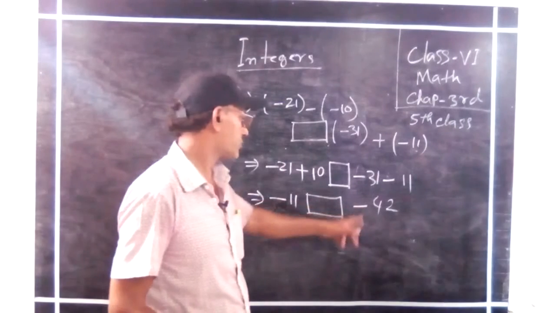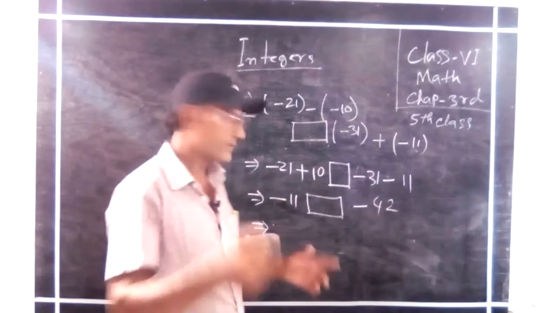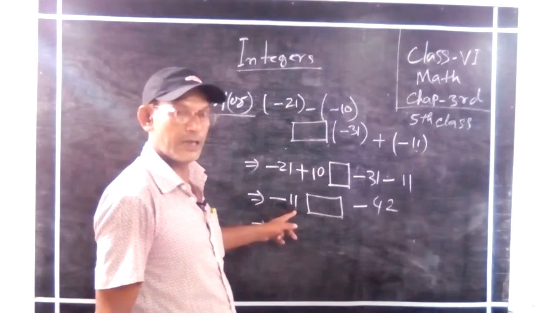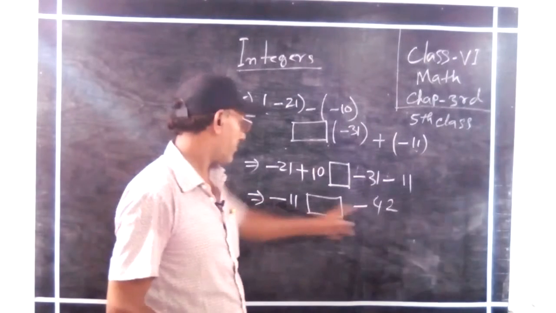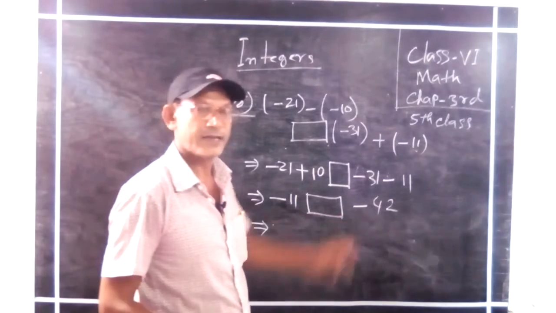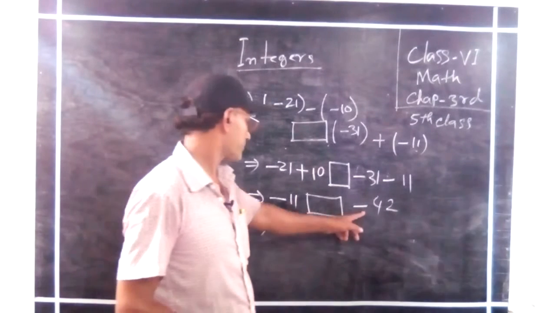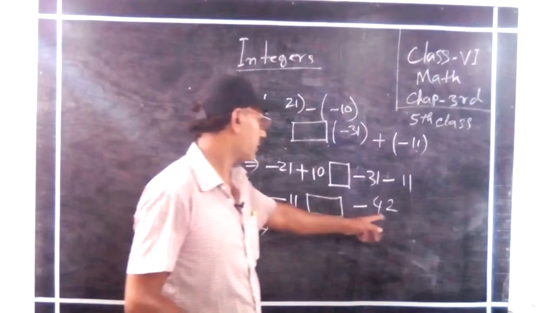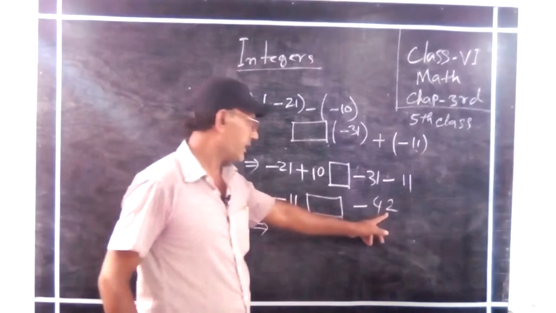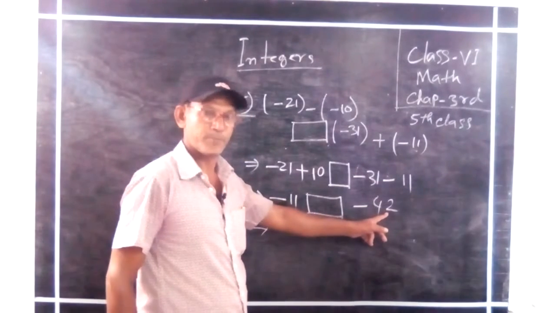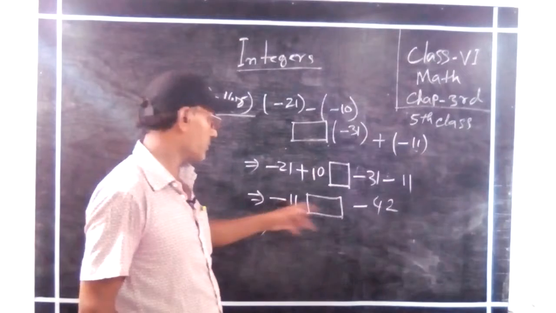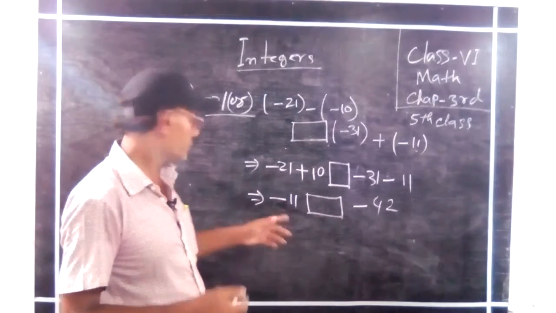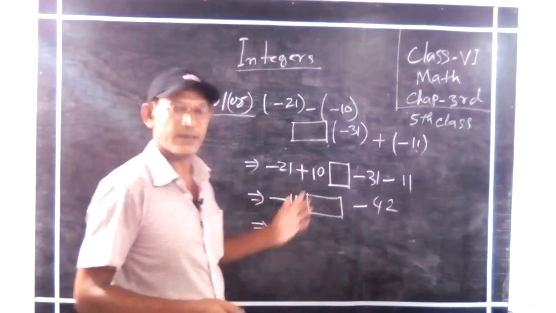We cut the minus number, so 42 is greater than 11, but here is the minus sign, that means the big number is smaller than the small number. Yeah, that means we have used the minus sign.